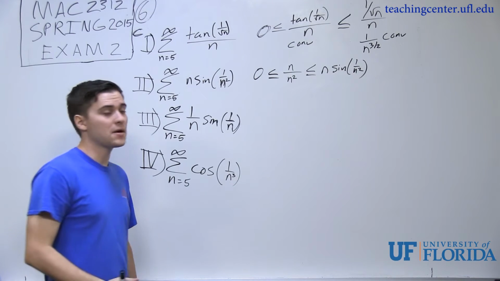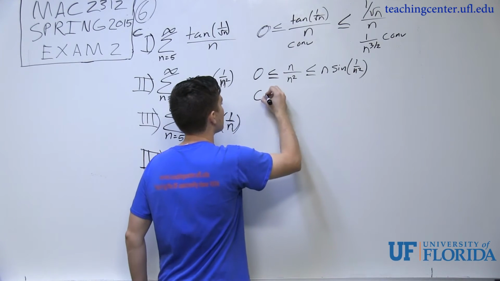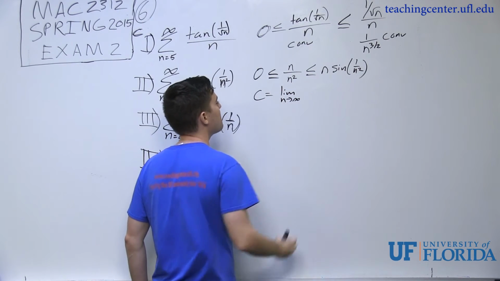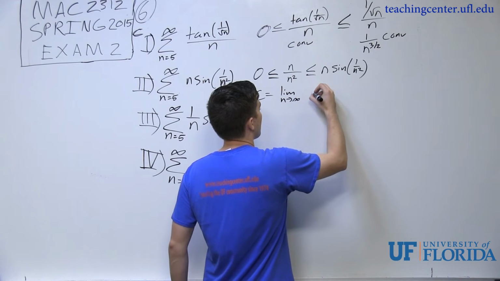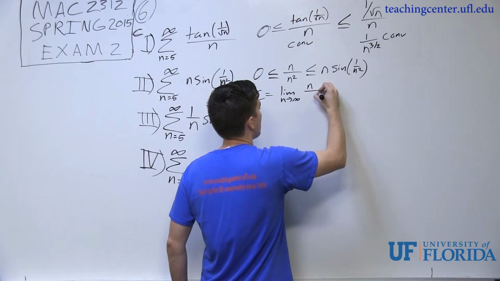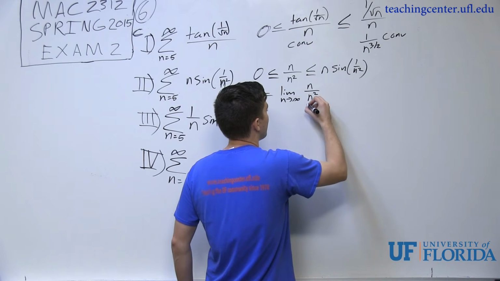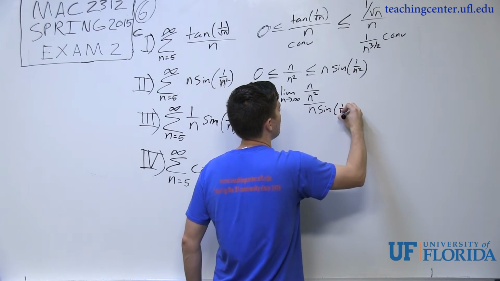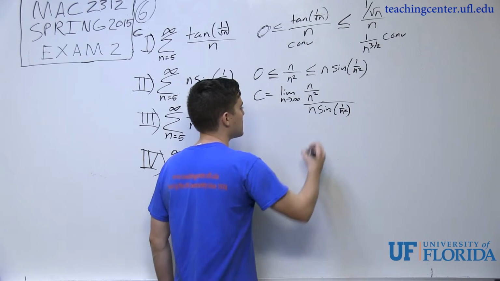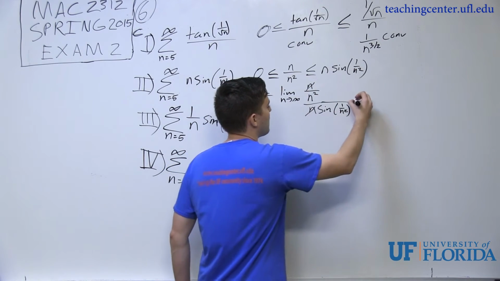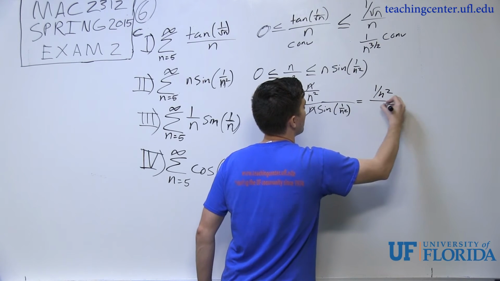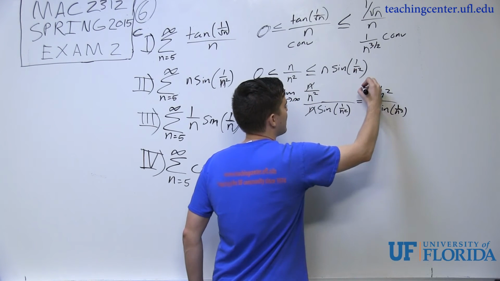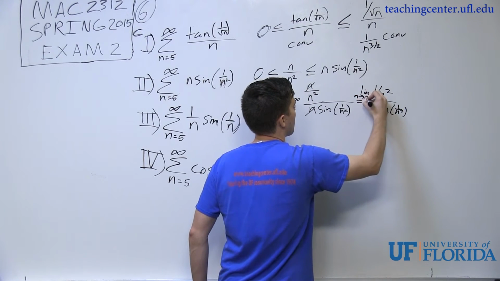Well, I can still use limit comparison. If I plug into limit comparison, it says that c is equal to the limit as n approaches infinity of a sub n over b sub n. So if I have n over n squared, that's divided by n sine 1 over n squared, which means that these n's can cancel, and I'm left with 1 over n squared over sine of 1 over n squared, taking the limit as n approaches infinity.